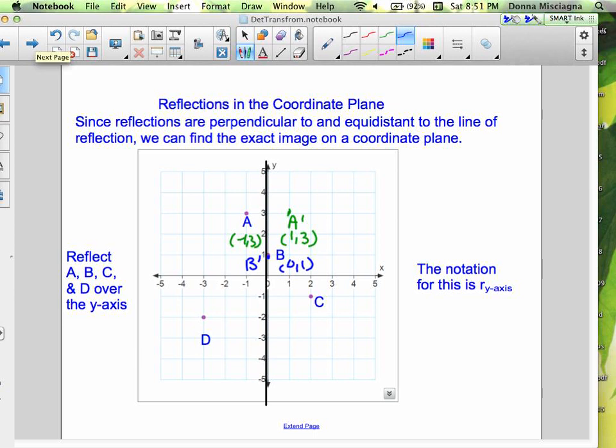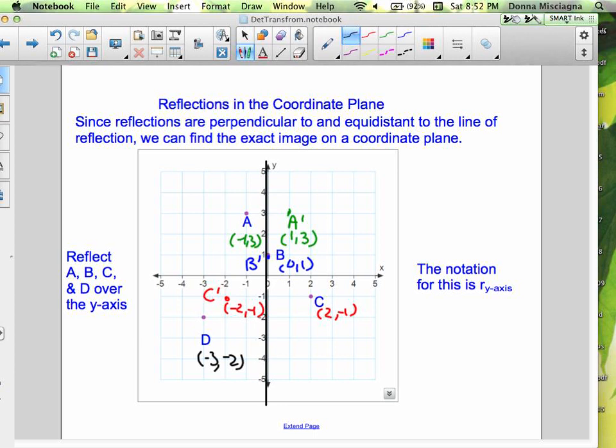All right, and then C is at (2, -1). C prime is going to be at (-2, -1). Right there. And finally, D is at (-3, -2).